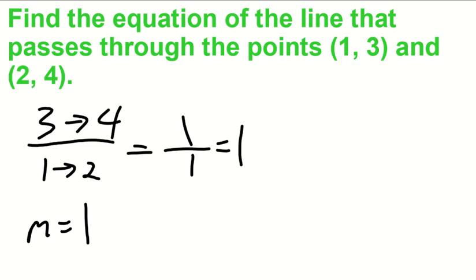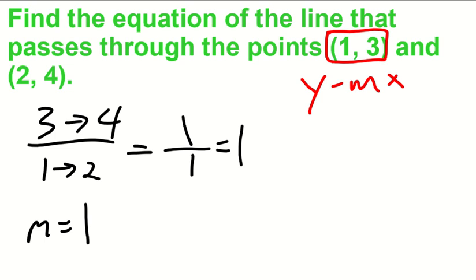Now, to find the y-intercept, we're going to do y minus mx. We pick one of the ordered pairs. Does it matter which one? No. Pick the one you think will be easiest to work with. I'm just going to pick this one. This one has smaller numbers. We're going to plug it in.